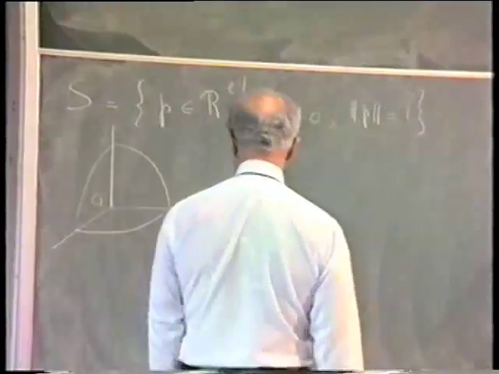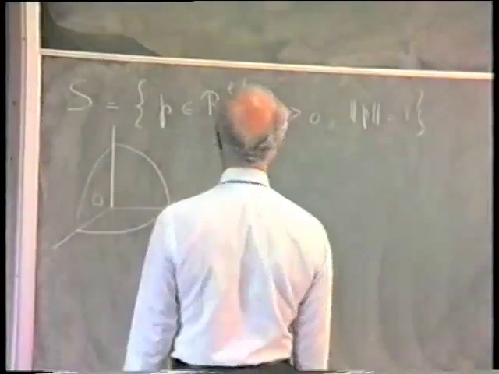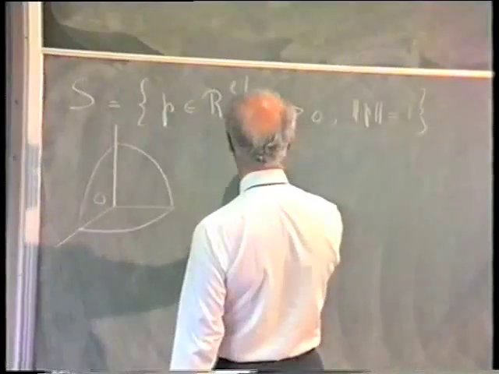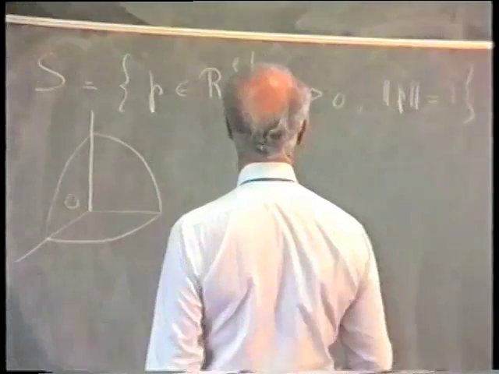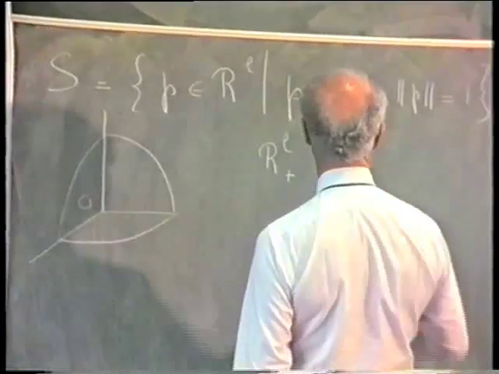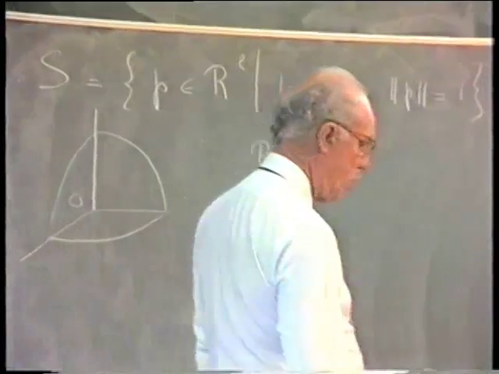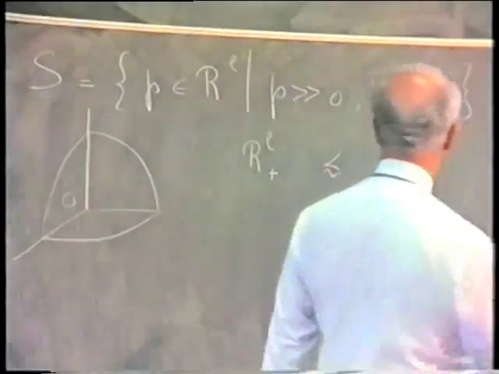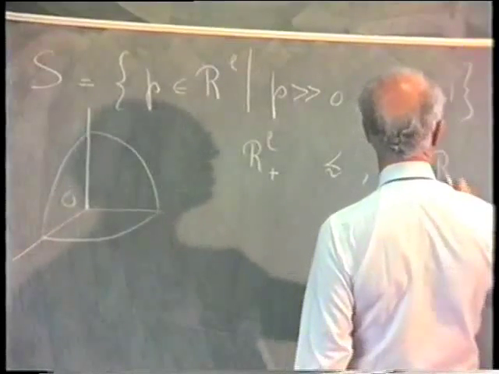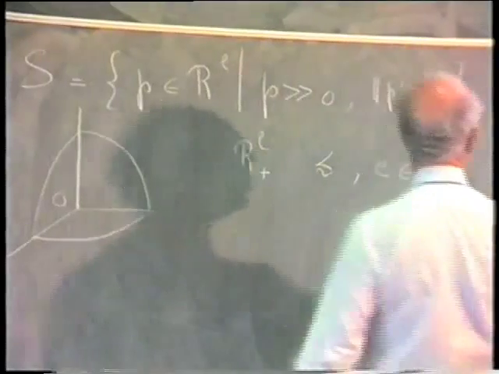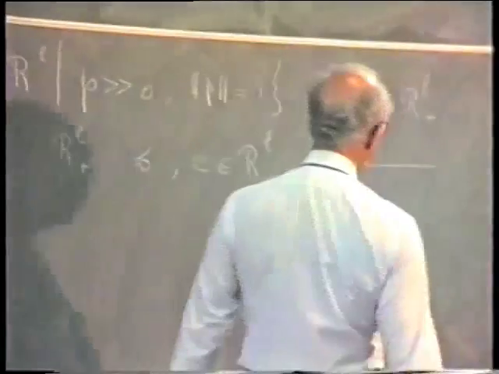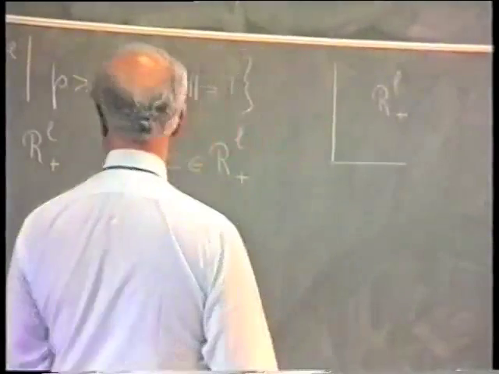We are going to study one consumer at first, and a consumer for us is defined by, in this commodity space RL plus, a preference relation which will be assumed to have properties which I will list in a moment, and an endowment vector, an initial endowment vector, which is a point in RL plus. You remember that RL plus is the closed positive orthant of the space.